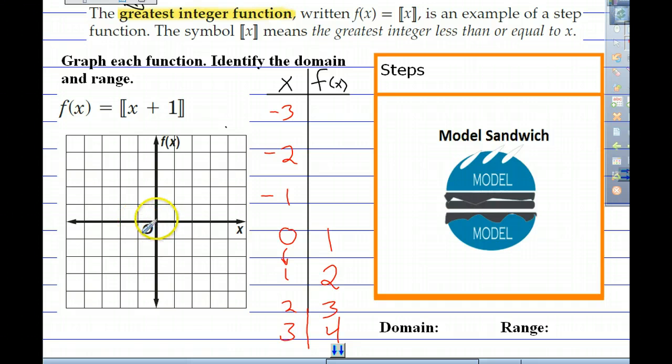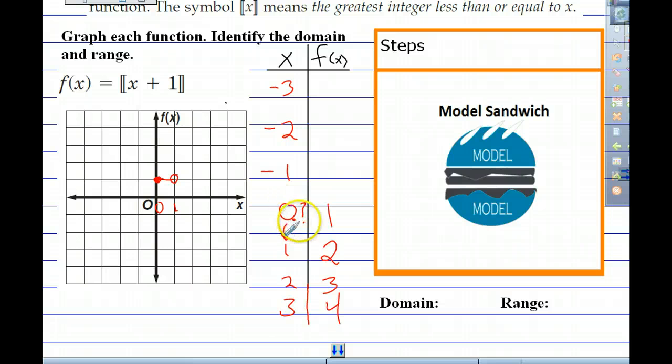So from 0 to 1, here to here, here's x equals 0, here's x equals 1. My answer is going to be 1. Starting here to here. There we go. 0 to 1, my answer is 1. Another way of looking at this is 0 point anything, 0.2, 0.3, 0.75, you get 1.